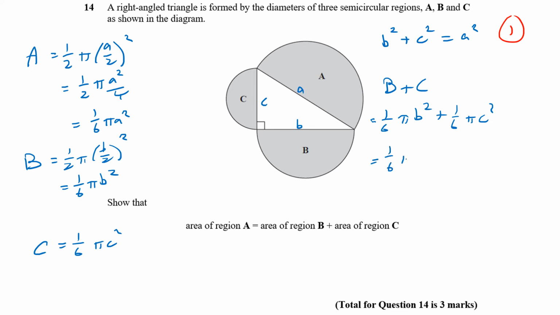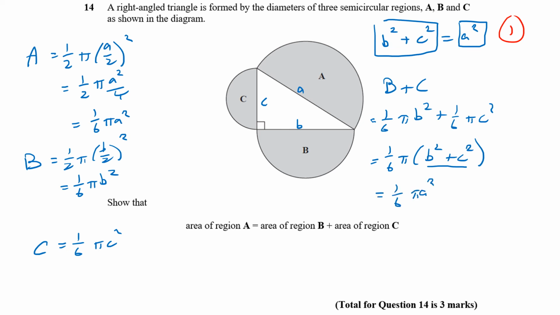So 1/6 pi lots of B squared plus C squared. Now B squared plus C squared I have as equal to A squared, so I can substitute it. So this is the same as 1/6 pi A squared, which we calculated earlier is in fact the area of region A.